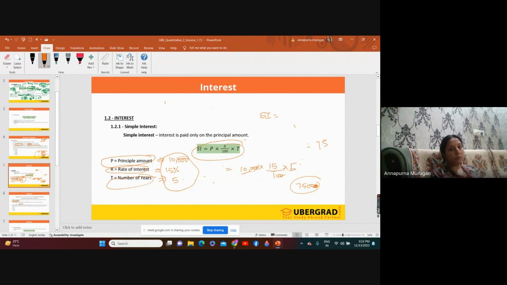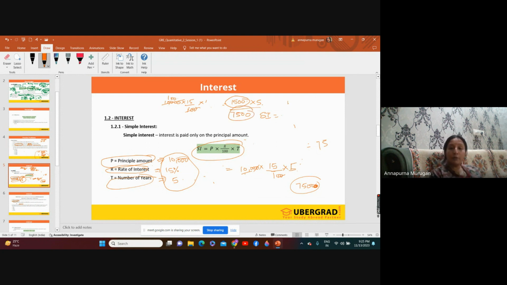If you take 10,000 into 15 by 100 into 1 year, it is 1,500 for 1 year. So for 5 years, how much will it become? 5 fives are 25, 7,500.